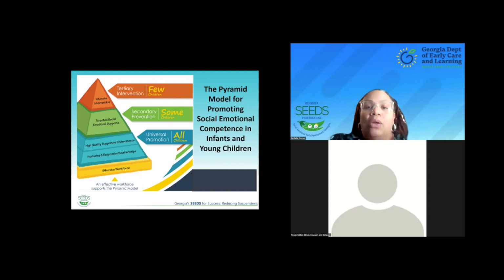The pyramid model builds upon a tiered public health approach to providing universal supports to all children to promote wellness, targeted services to those who need more support, and intensive services to those who need them. As an administrator, you can use the pyramid model during professional development activities and in reflective meetings with your staff. Each segment of the pyramid contributes to a positive program environment for staff, children, and families.